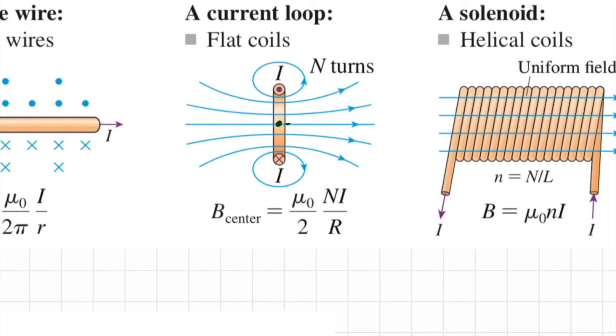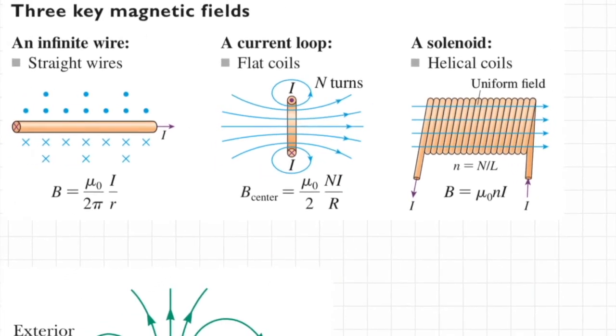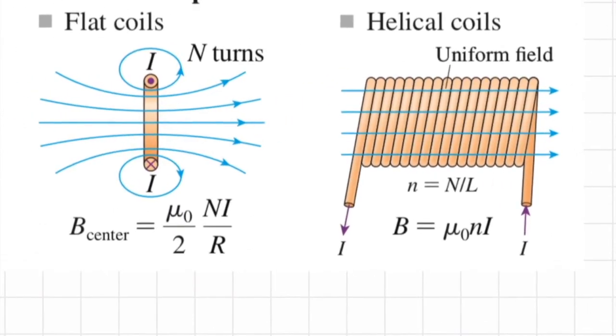Okay, in any case, it's more practical to not use just a single loop, but a solenoid, which is a coil essentially that consists of many loops. So it's like a typical heating coil that some of you probably have seen.